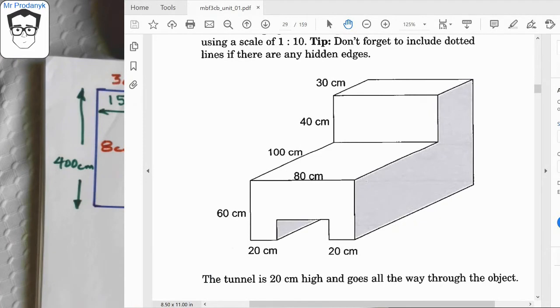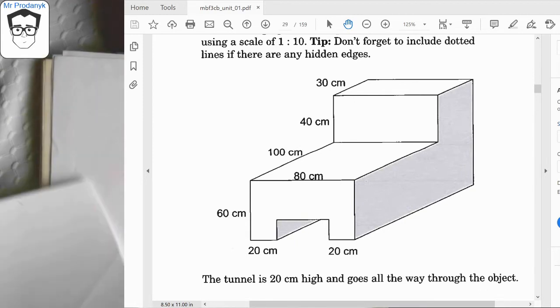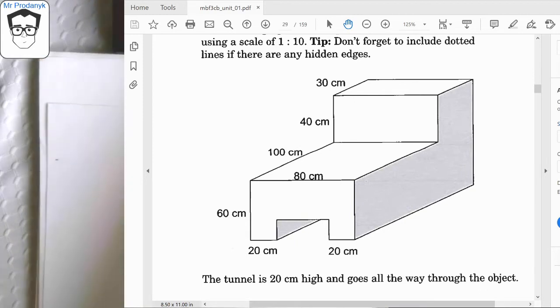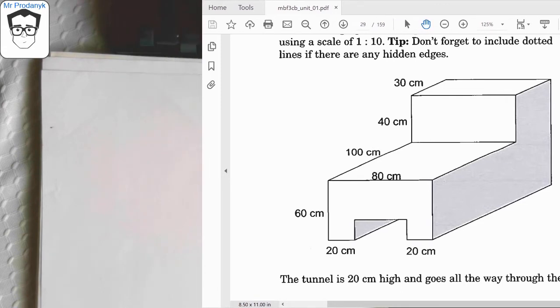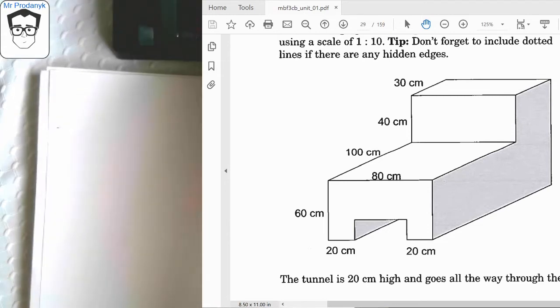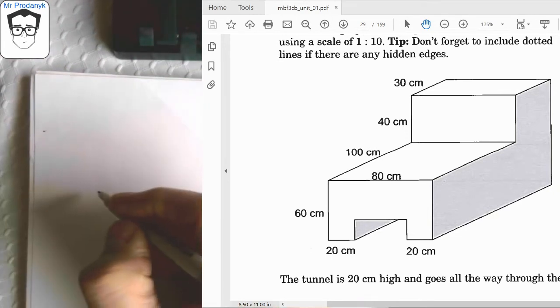Okay, there's what I want. Okay, then we need to redraw that at 1 to 10 scale. Okay, so maybe we'll just do a quick little sketch of this first, and draw the numbers before we get into the actual scale drawing.